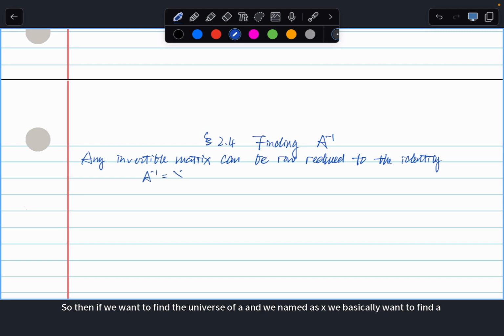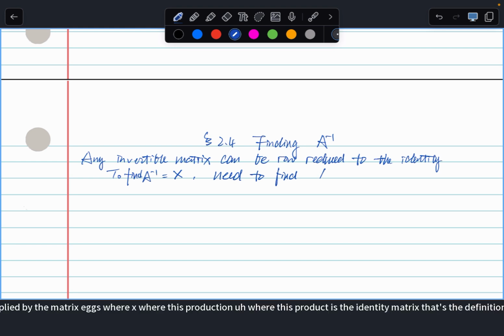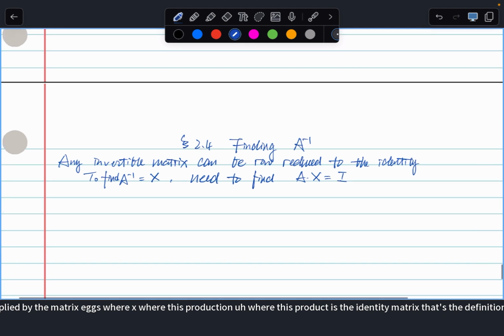and we name it as X, we basically want to find A multiplied by the matrix X, where this product is the identity matrix.